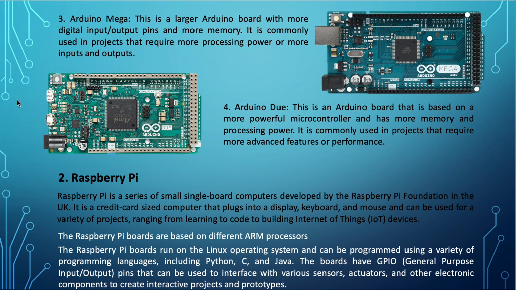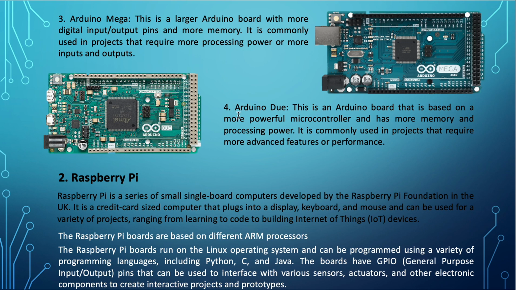It is commonly used in projects that require more processing power and more inputs and outputs. If you have more sensors and more actuators, you need more processing power to run more commands and take in more data. So that means larger processing power plus a larger board with more inputs and outputs.